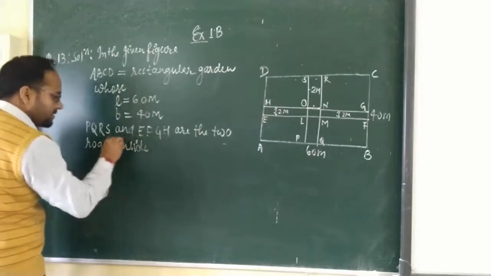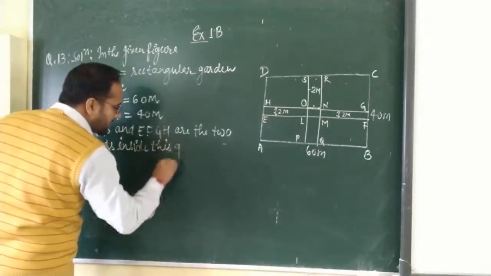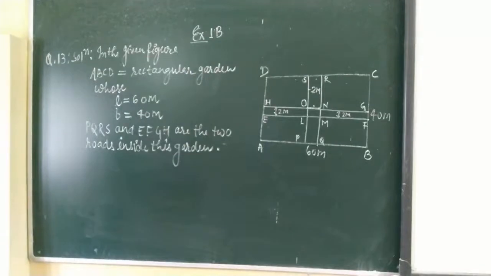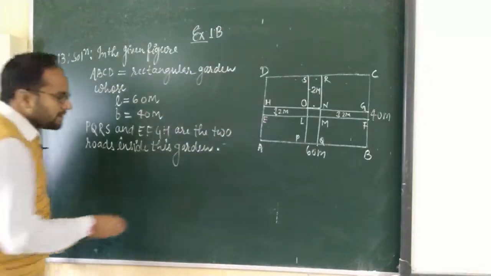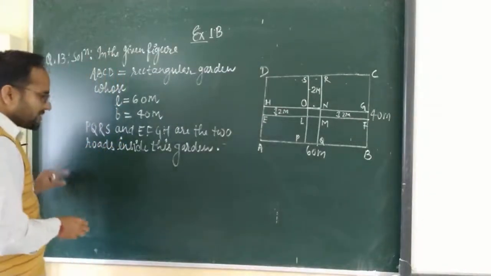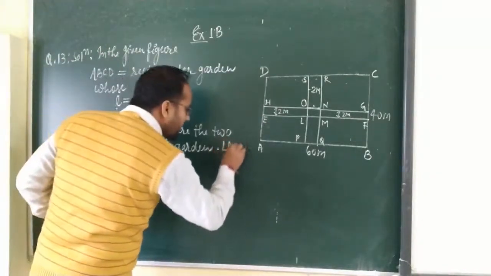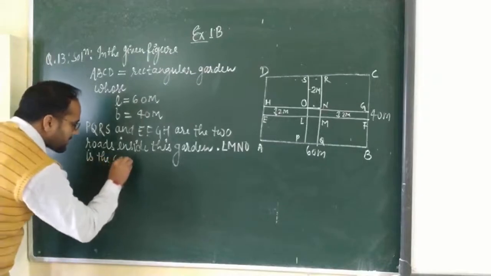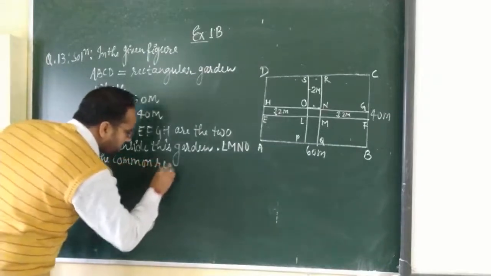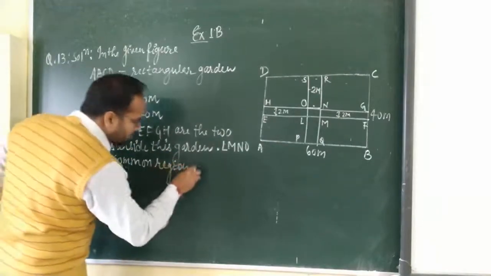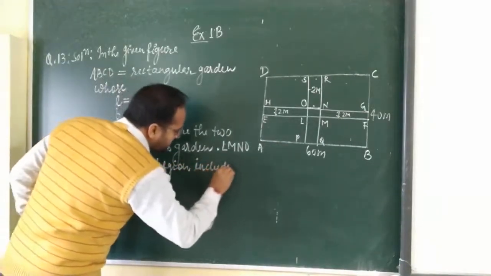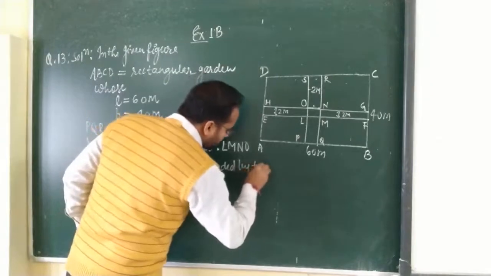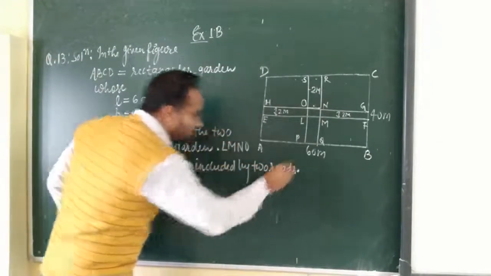Inside this garden, PQRS and EFGH are the two roads, and L, M, N, O is the common region included by the two roads.